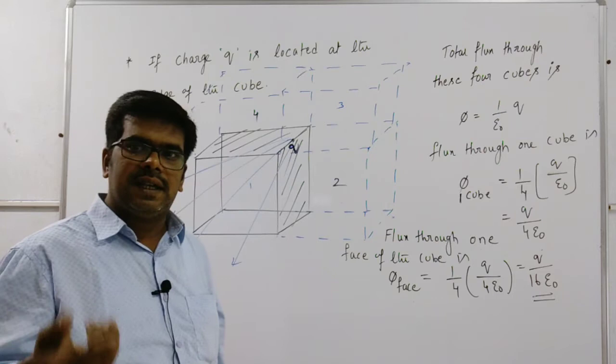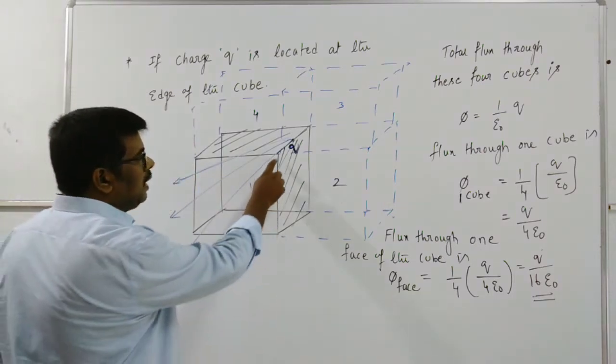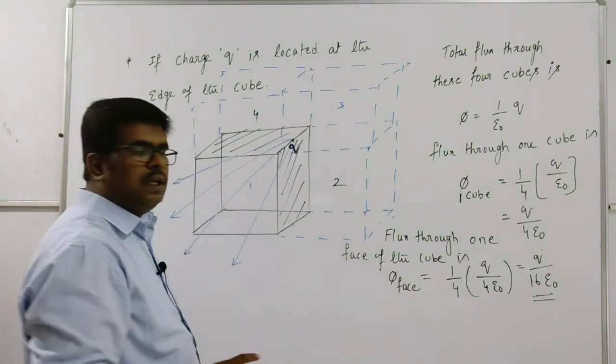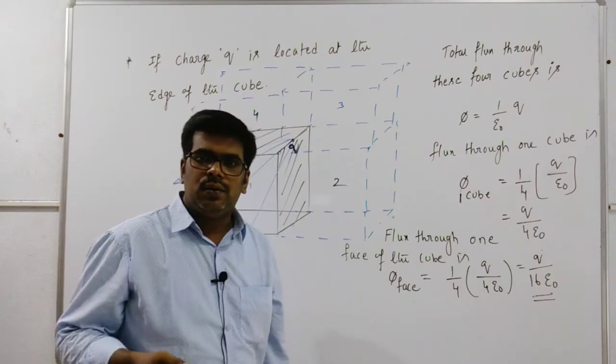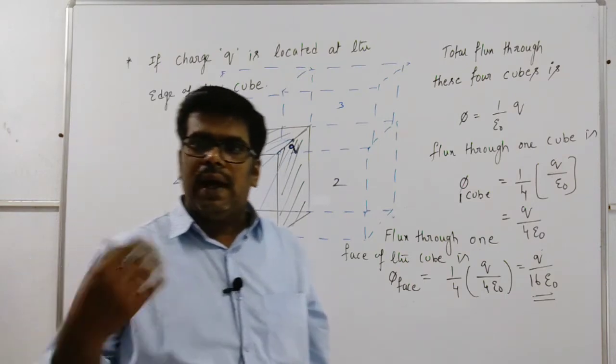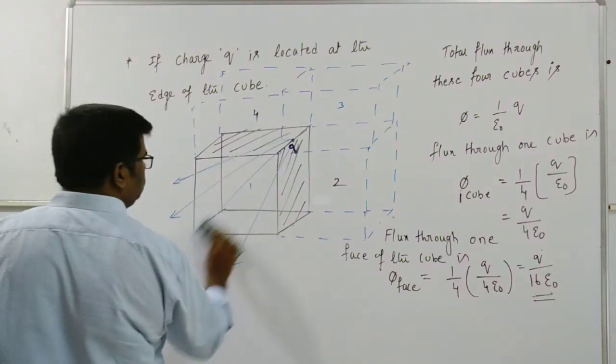Now we will go for the next case, where the charge is located at the corner of the cube. If the charge is located at the corner of the cube, what is the flux through the cube and what is the flux through each face, that is what we will be discussing now.